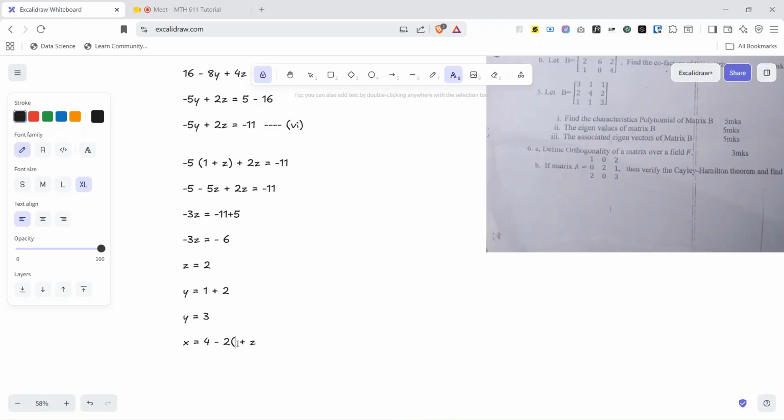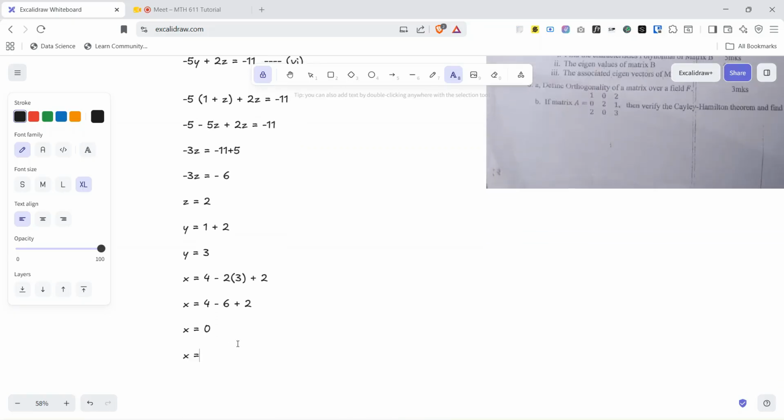With y equal to 3 and z equal to 2, x equals 4 minus 6 plus 2. 4 minus 6 is minus 2, right? Yes, minus 2 plus 2 is 0. So x equals 0, y equals 3, and z equals 2.